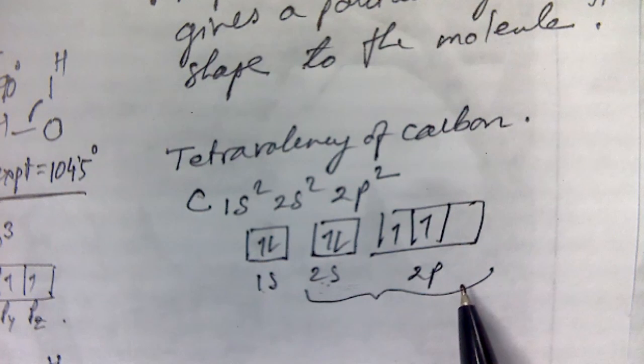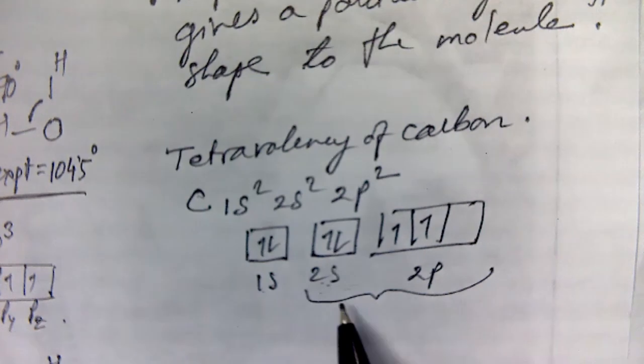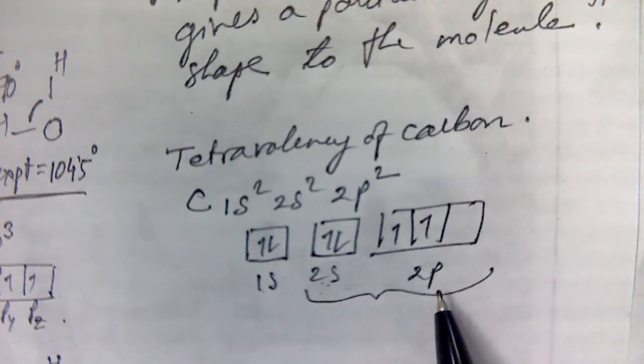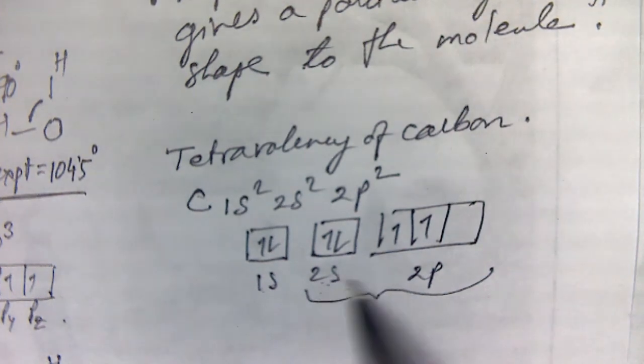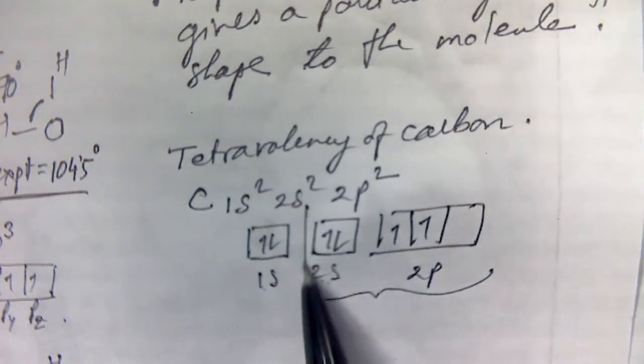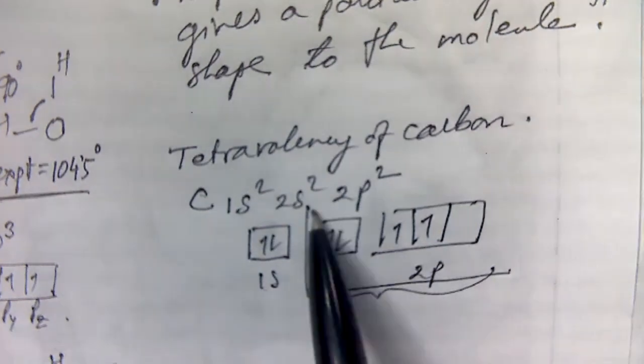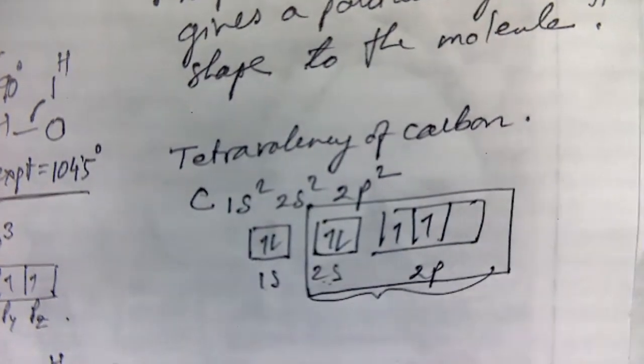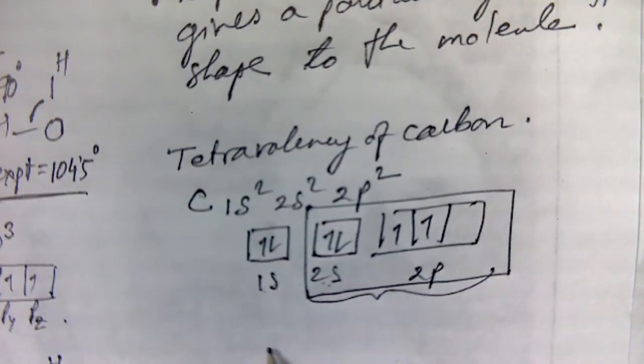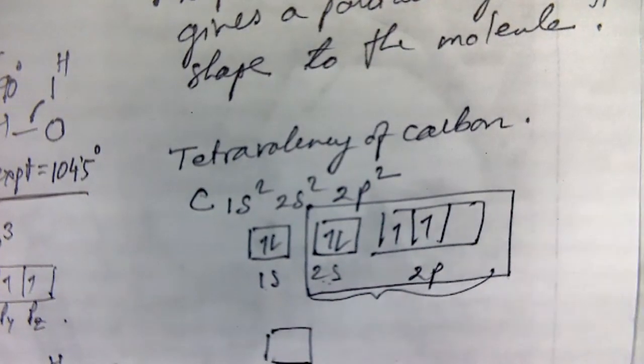Since the difference is less, these two can easily combine. So 2s and 2p can combine together, and 1s is left out.